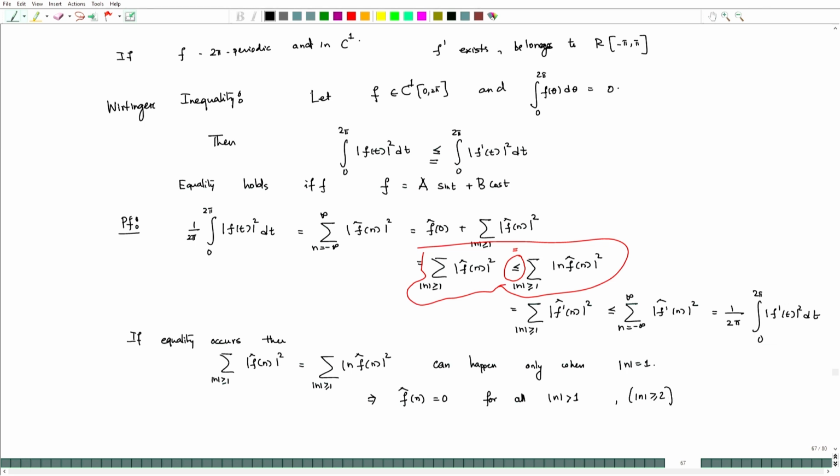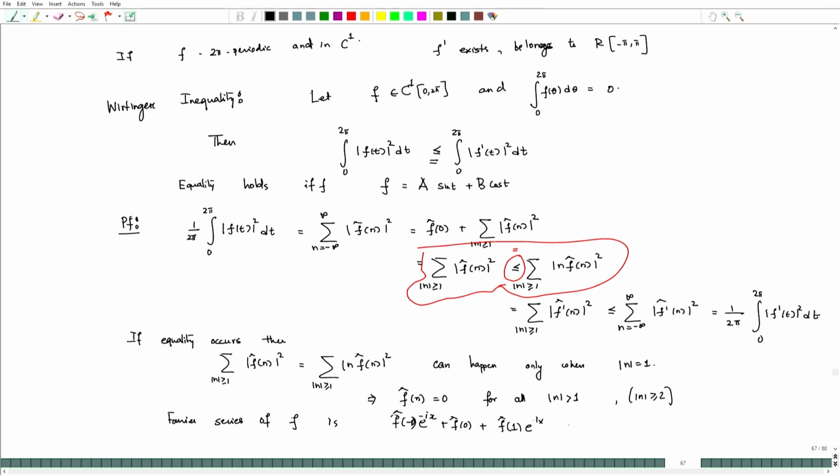Therefore, the Fourier series of f is nothing but f hat of minus 1 e to the power minus i x plus f hat at 0 plus f hat at 1 e to the power i x.